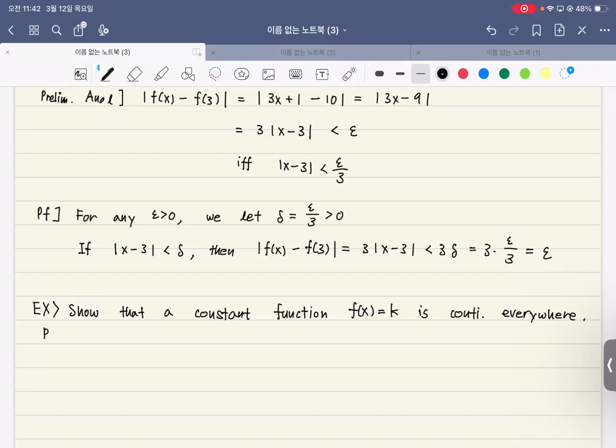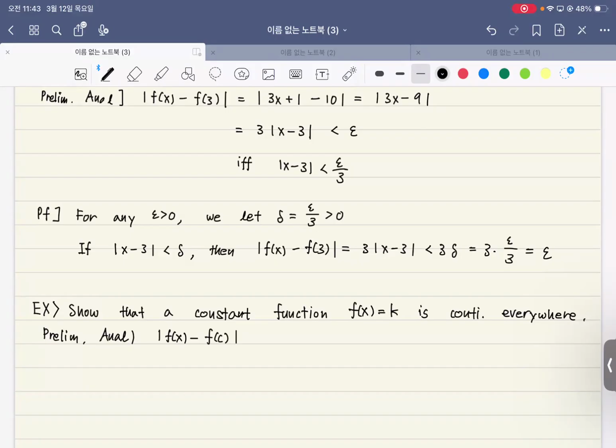Okay, so just like before, under what condition is the function value f of x minus f of c less than epsilon?